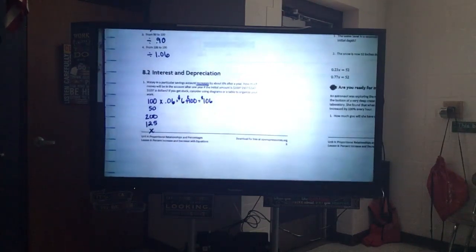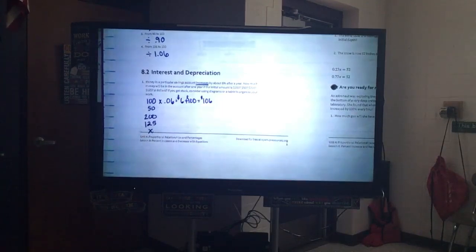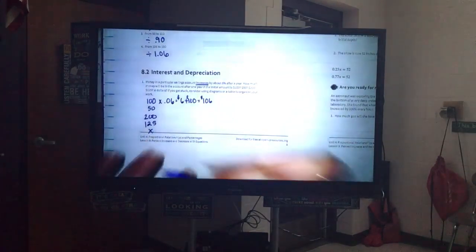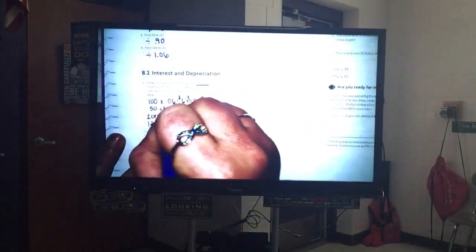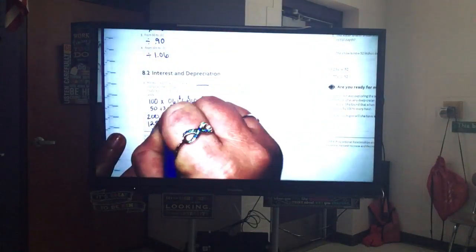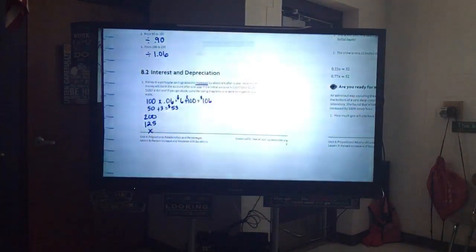So all you would have to do is do plus 3 equals 53. That's you showing me that you know that 50 is half of 100. He didn't let me do it. Maybe I was in a bad mood that day.